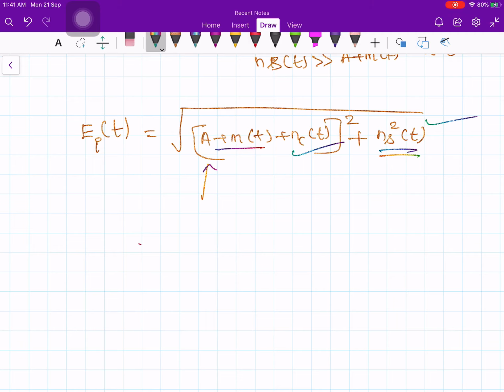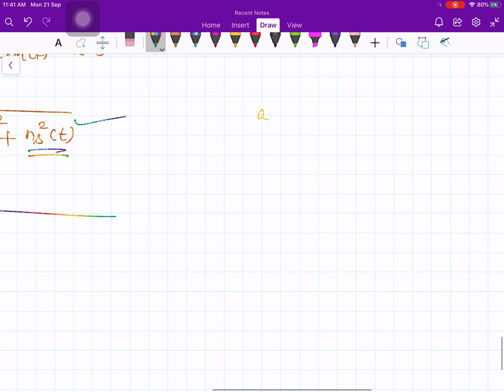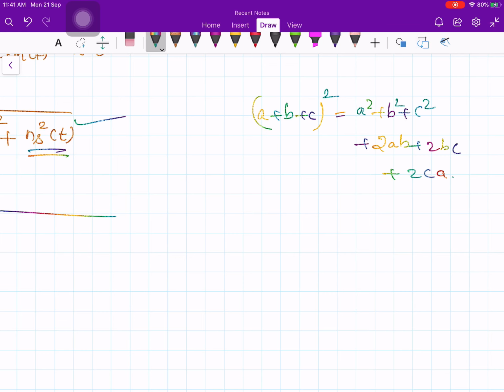So we know the formula, right? (A plus b plus c) the whole squared is equal to a squared plus b squared plus c squared plus 2ab plus 2bc plus 2ca. So let us use that formula.